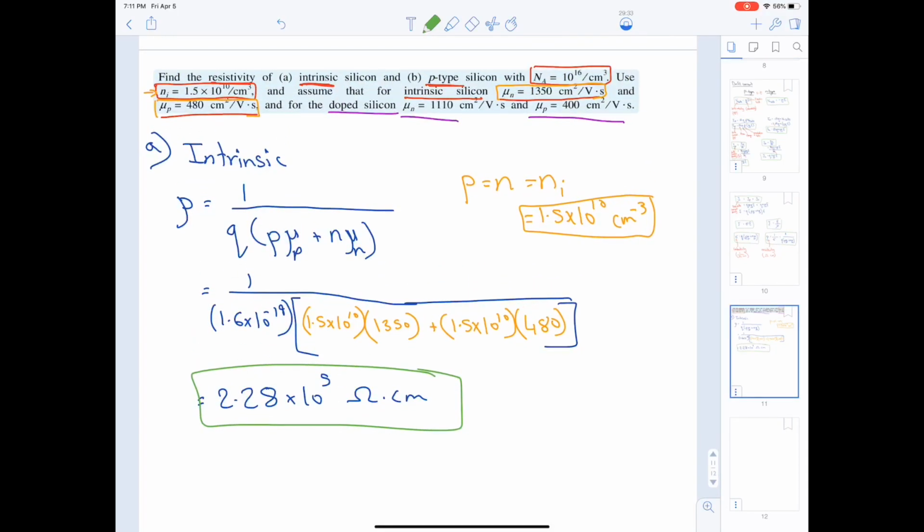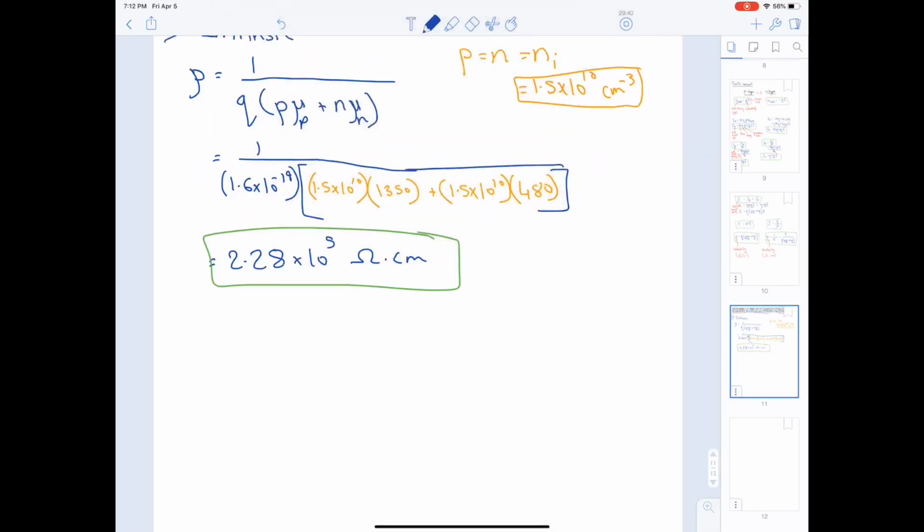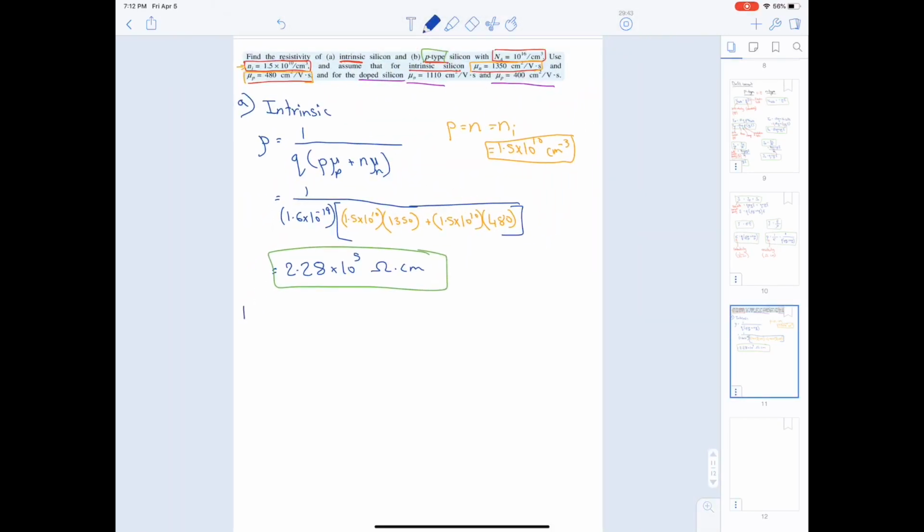Now we need to repeat this again, but for the p type. Okay, part B, p type. What is the resistivity there? The resistivity is equal to 1 over q times (p mu p plus n mu n). Okay, q is what? It's 1.6 times 10 to the power of minus 19.